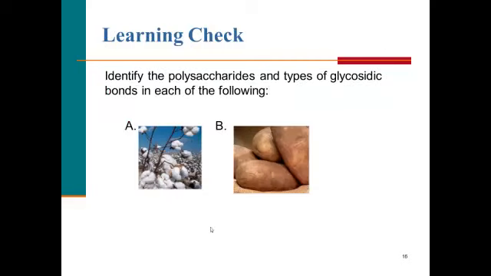So as we think about the joining together of glucose molecules to form polysaccharides, it's important to understand the different types of glycosidic bonds that form cellulose compared to the starches or energy storage molecules of amylose, amylopectin, and glycogen.